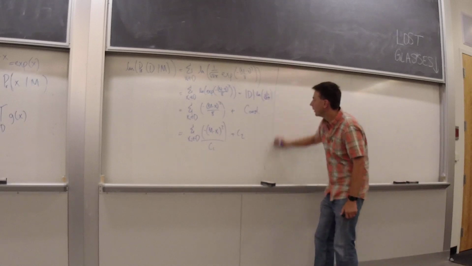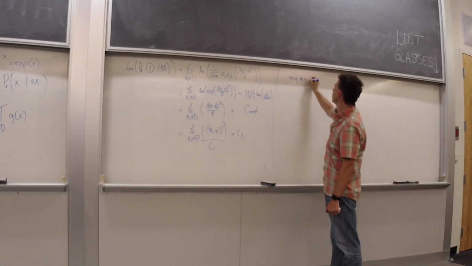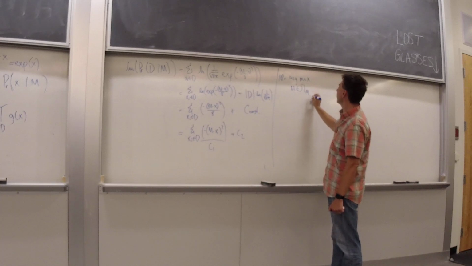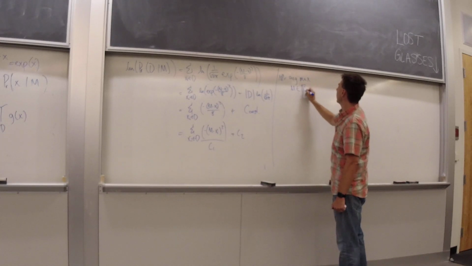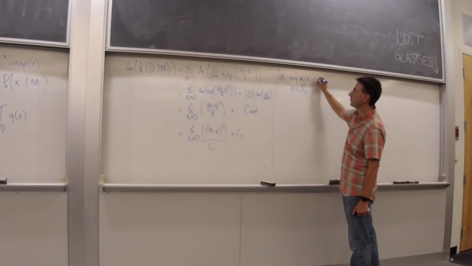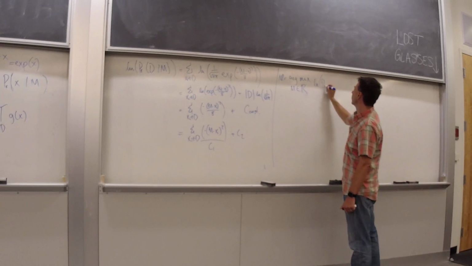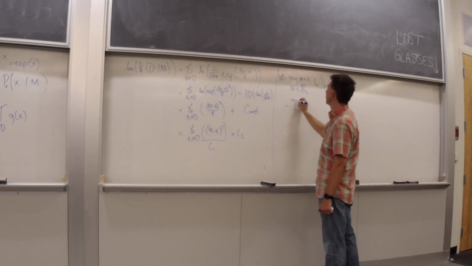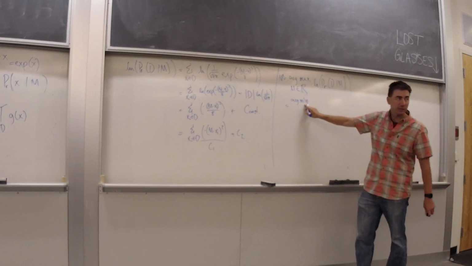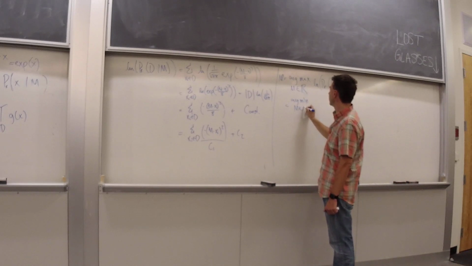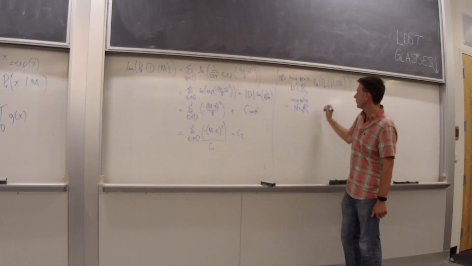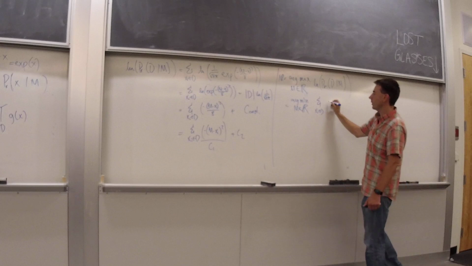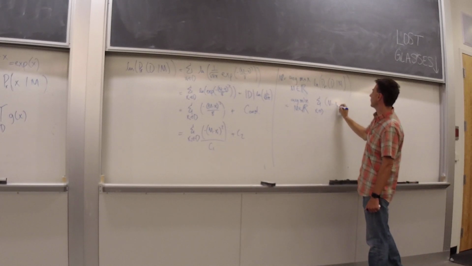Okay, so what this means is that the argmax m star of m in the space of the models, and in this case the space is the real numbers, of the natural log of the probability of d given m, is going to be equal to the argmin, changing from a max to a min, of m in the space of the reals of the sum over all the data points xi of m minus xi squared.